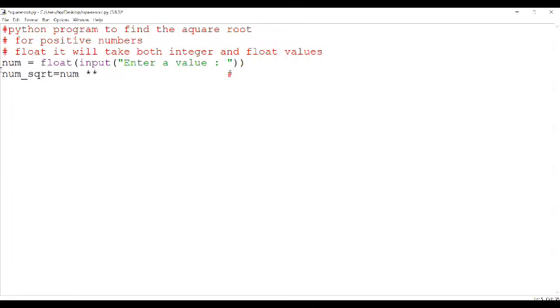This is an exponent operator, and after the exponent operator I am giving 0.5. Then it will find the square root of the number which was given by the user, and stored in num. So I have got the result.